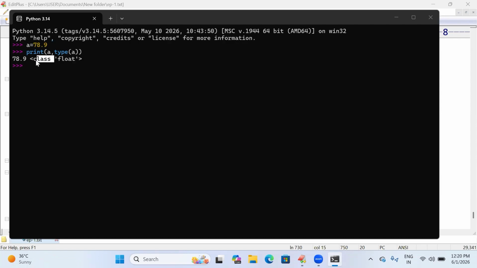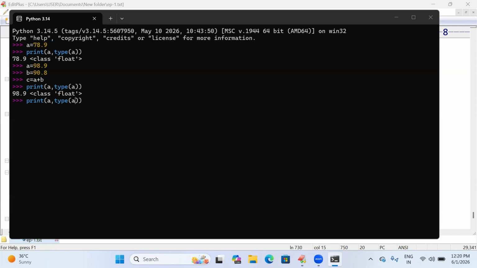Float is a class. Now we do floating point addition. A is equal to 98.9, B is equal to 90.8. Take a variable C is equal to A plus B. I print A and the type of A: 98.9 is a float value, and float is a class in Python.